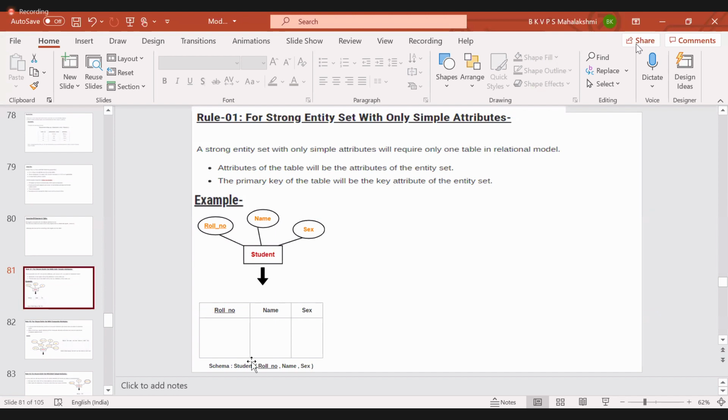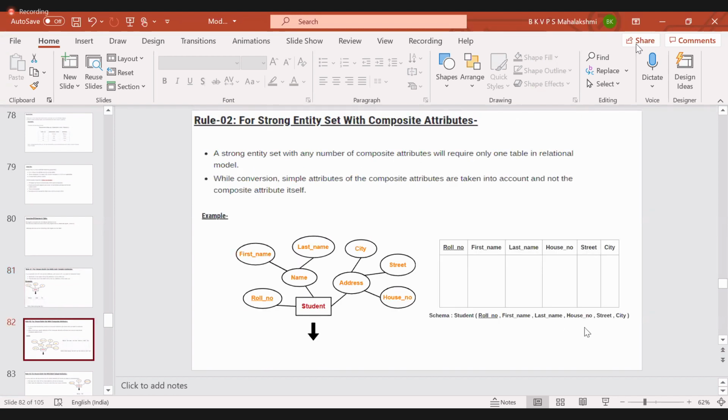That's it. Many students have drawn, even mentioning the composite attributes and all. That is good. And if an entity has a composite attribute, in that case you have to convert this particular diagram into this tabular format.